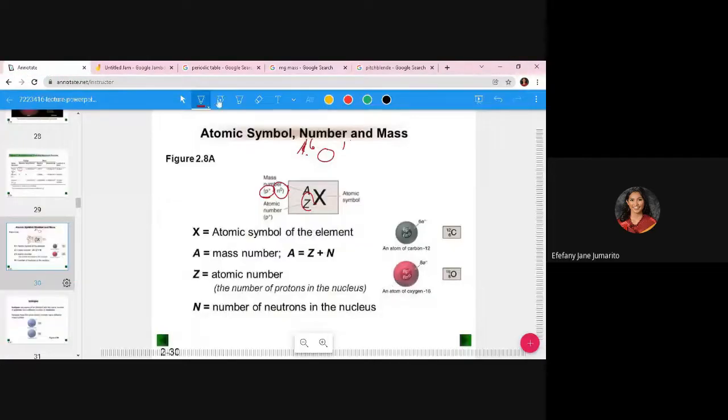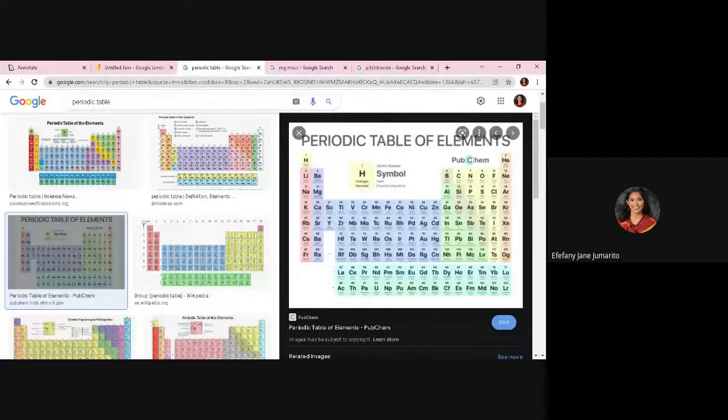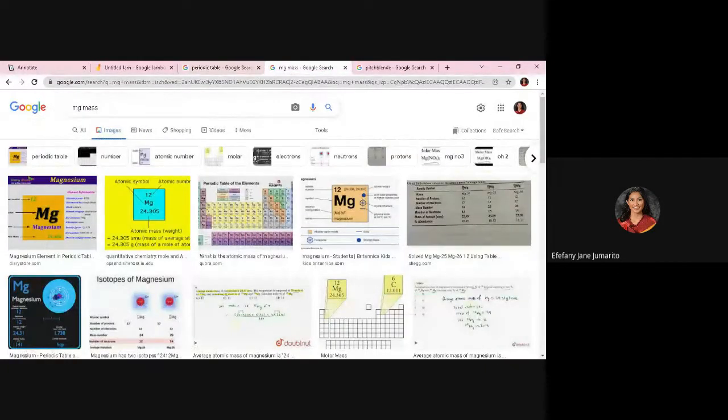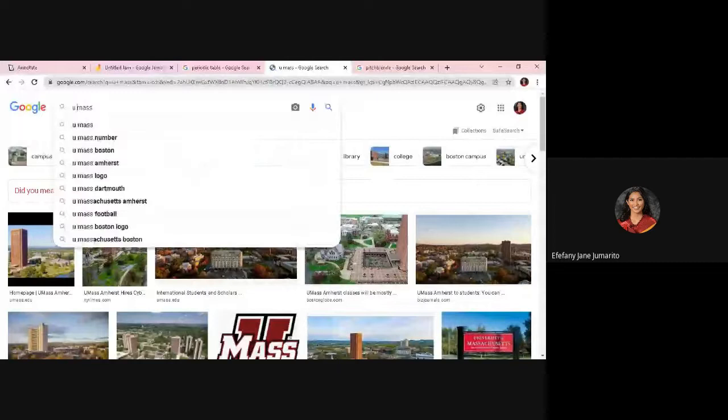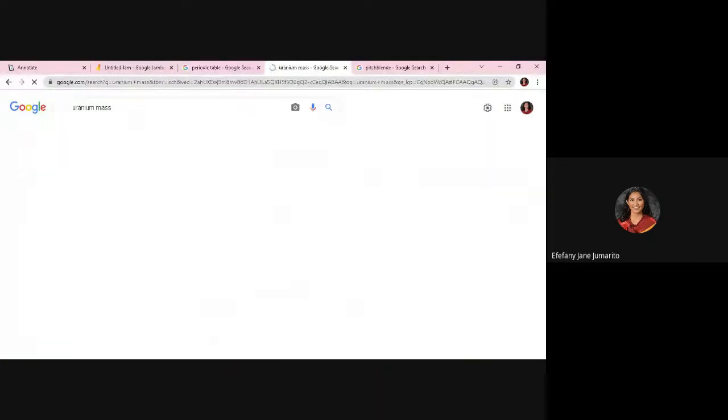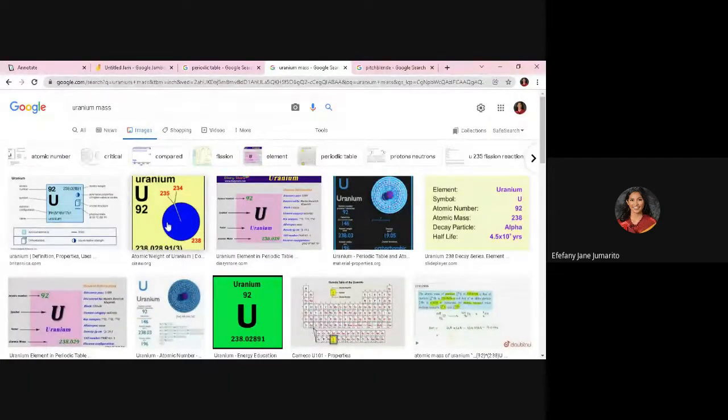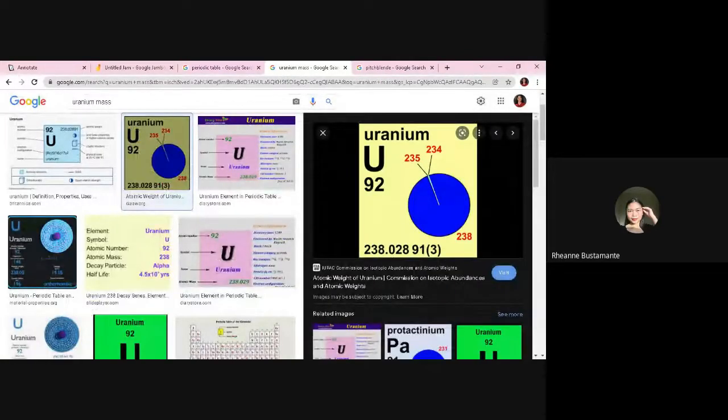What about uranium? The atomic mass is 238.028.